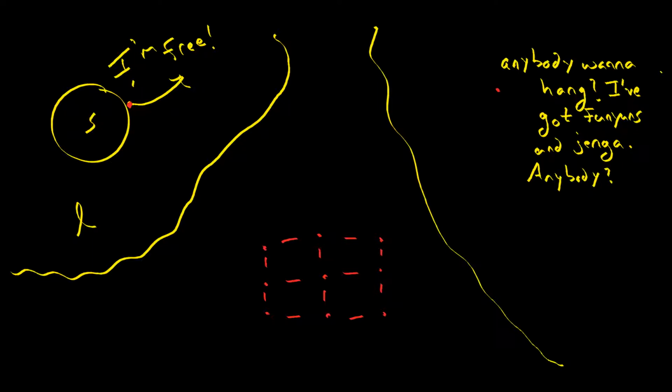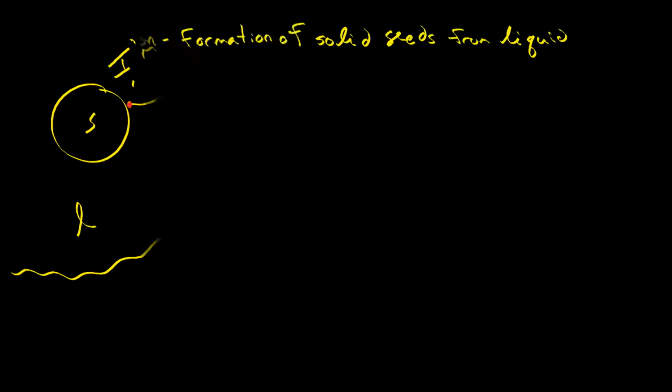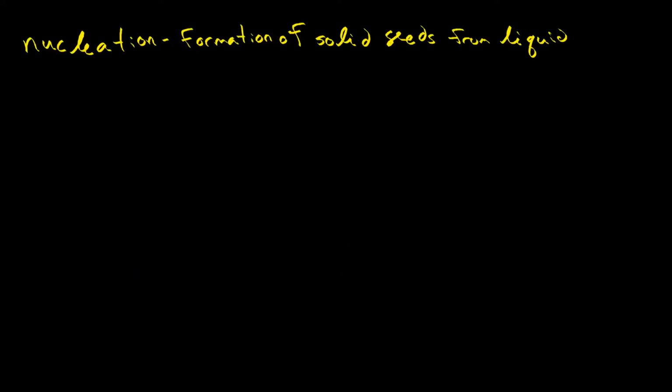So there are two processes that take place when you form a solid. The first is seed formation, or nucleation, as it's sometimes called, where you have a small number of particles come together to form the nucleus, the core, the smallest possible portion of the solid.